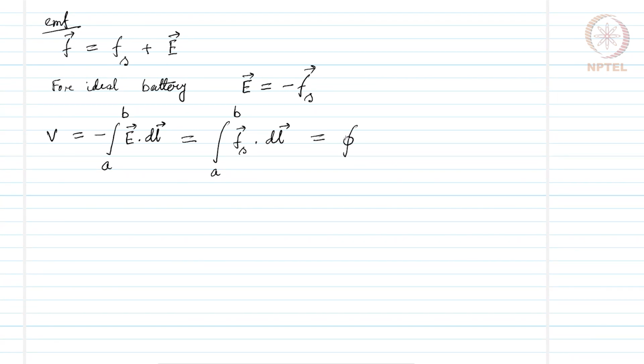If we have a closed circuit, it is fs dot dl over a closed loop line integral, and that is the electromotive force. So, this is how we can define an electromotive force. When the external force due to a battery, for example, is exactly balanced by an electric force, we can this way find the potential, that is the electromotive force in this situation.